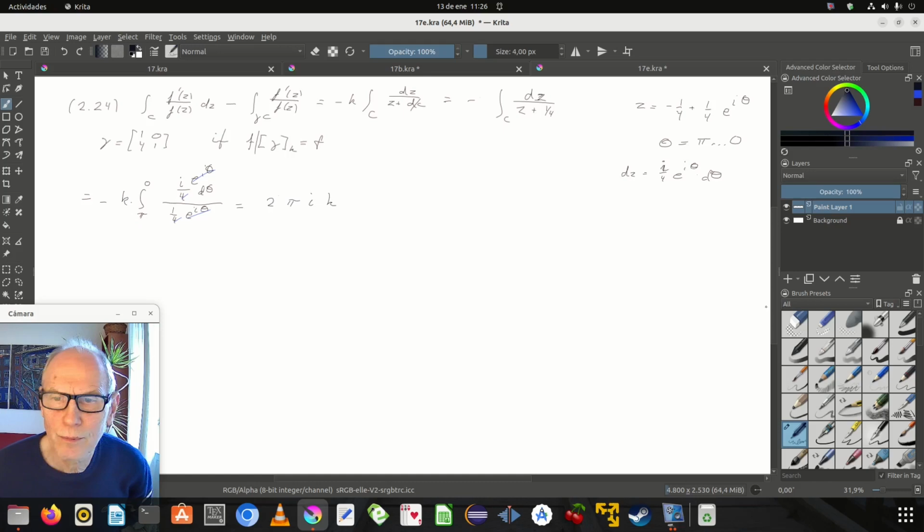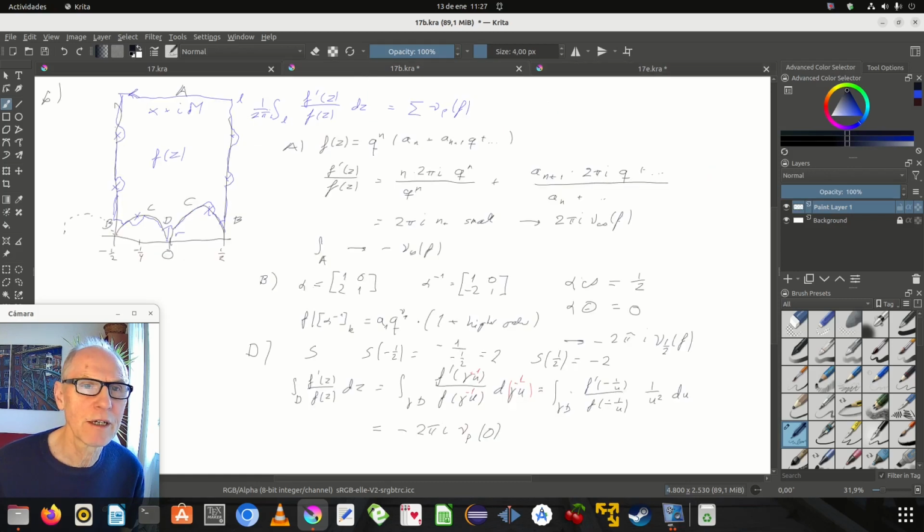So now we've got it, and that means the sum of the order of the zeros in H equals k pi I divided by 2 pi I, k halves, minus, and now back to what we get here.